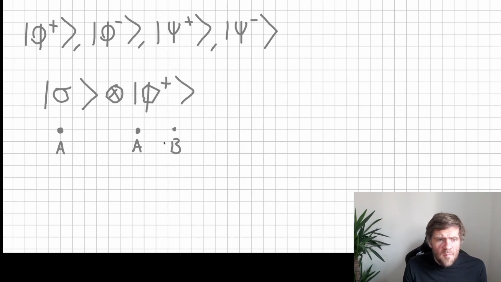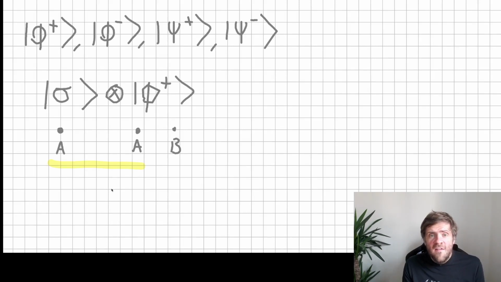Okay, now what we are going to do, to take a very broad overview of the protocol, is Alice is going to measure in the Bell basis, and so she is going to force these two qubits to become phi plus, phi minus, psi plus, or psi minus, because that's the only choice they have.